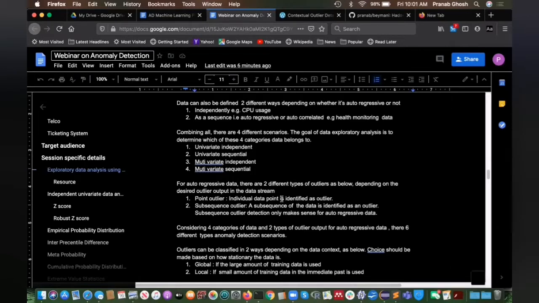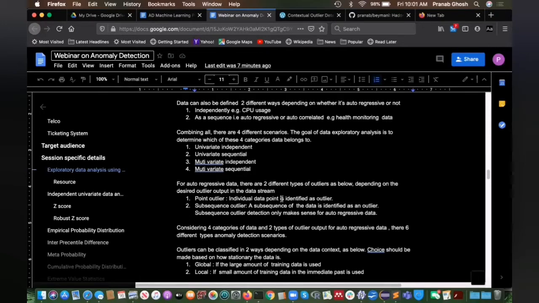The few points I missed last time, I want to quickly go over them before we jump into today's topic. One is when you detect anomaly, there are 2 kinds of anomaly detection output. Either it's a point outlier, that means a single point is detected as an anomaly, or it could be a subsequence outlier.